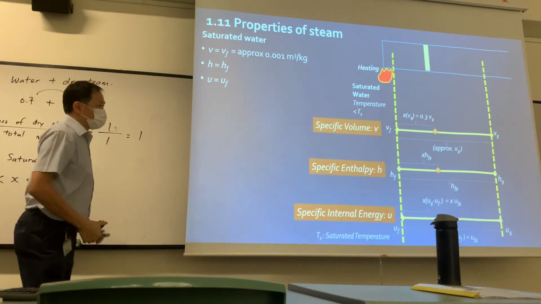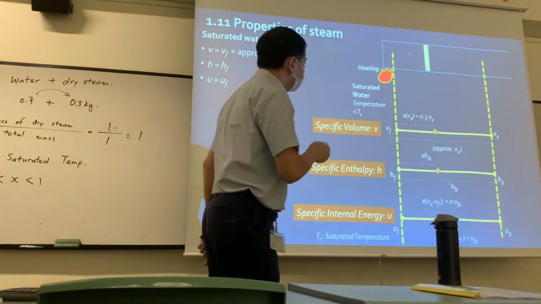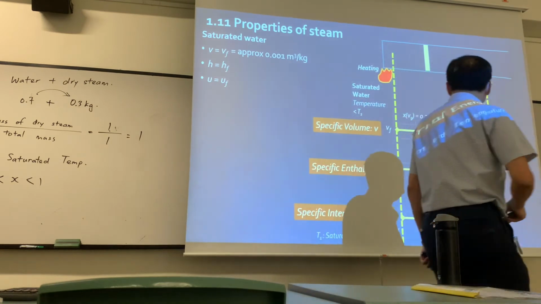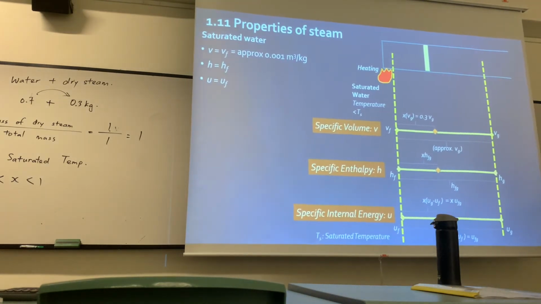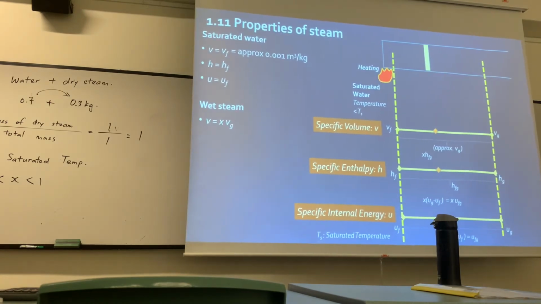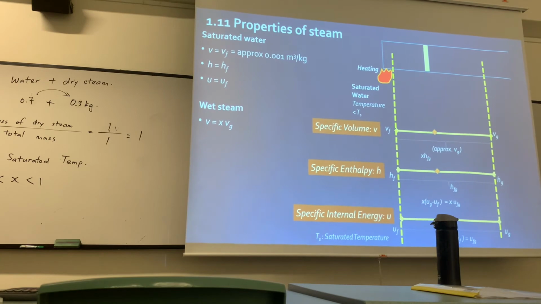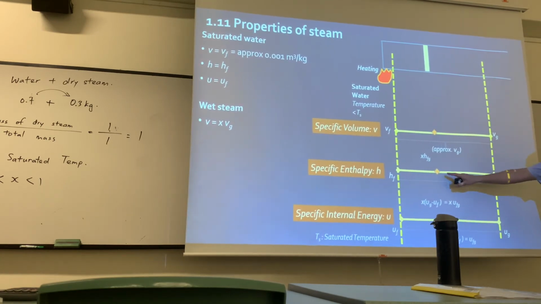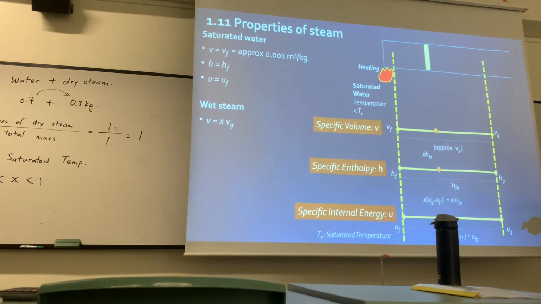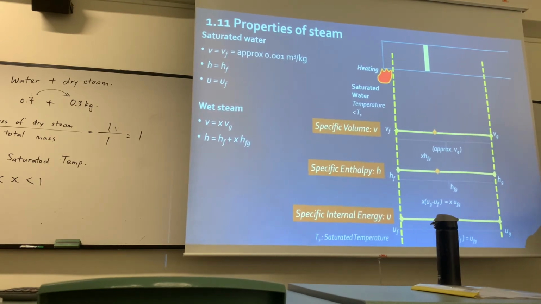At this point, this is wet steam. To calculate the volume property, how to calculate? The formula is x times vg. This is also given in your formula sheet. But for enthalpy, what do you use? You use this calculation.